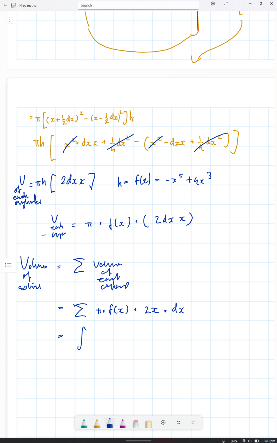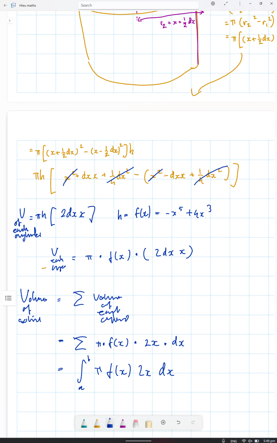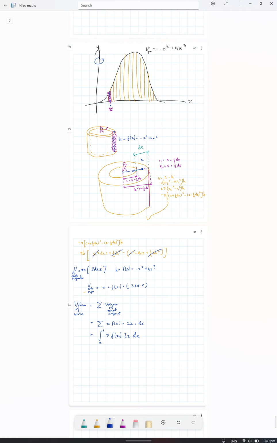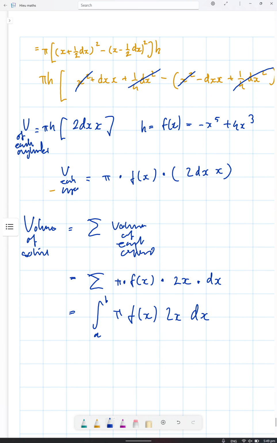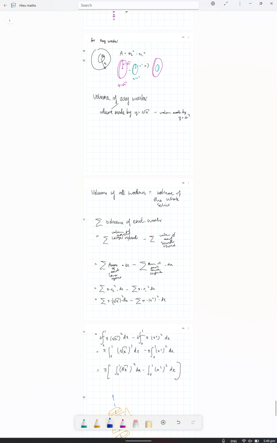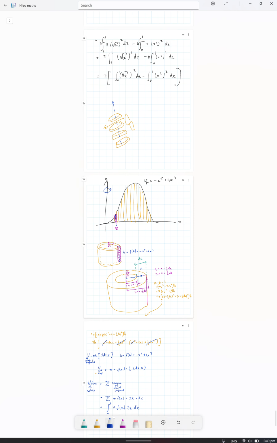And we can rewrite this as the integral from the starting point to the ending point of pi f(x) 2x dx. And there you go. That's how you find the volume of any solid through cylinder shells.